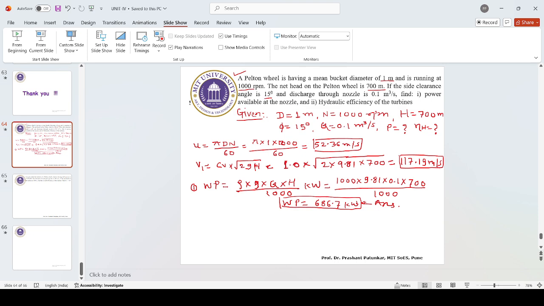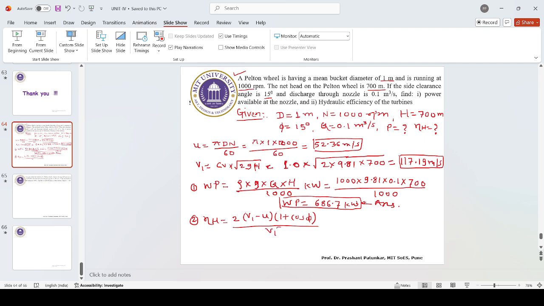To evaluate the second unknown, the hydraulic efficiency of the Pelton wheel, eta H: from the derivation I know that this is given as 2 times (V1 minus U) into (1 plus cos phi), divided by V1 square.